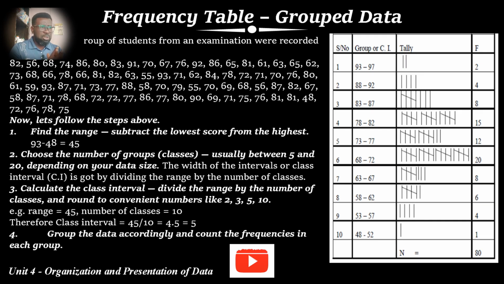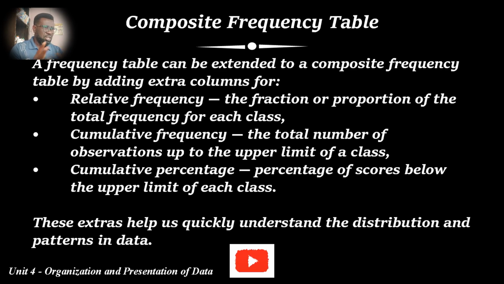Now, a composite frequency table. Let's talk about that. A frequency table can be extended to a composite frequency table by adding extra columns. For one, relative frequency. The fraction or proportion of total frequency for each class is what we refer to as the relative frequency. You also add another column called cumulative frequency.